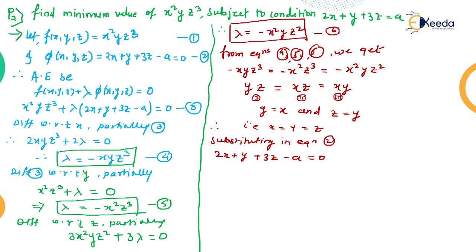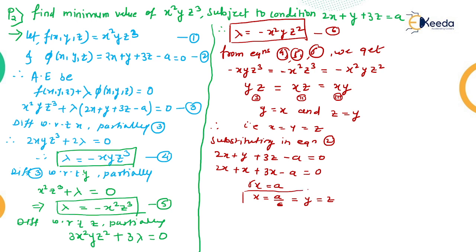Since y and z become x, this is 2x plus x plus 3x minus a equal to 0. So 2x plus x is 3x, plus 3x is 6x, and 6x minus a becomes plus a on the RHS, therefore x is equal to a divided by 6, and similarly this is the value of y and this is the value of z.